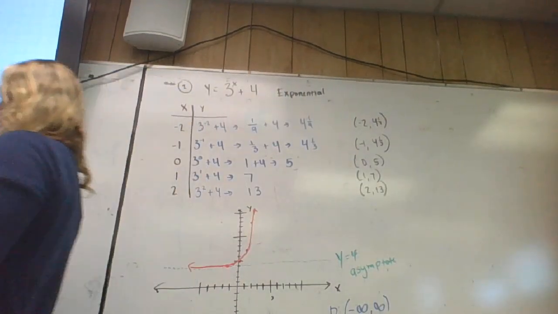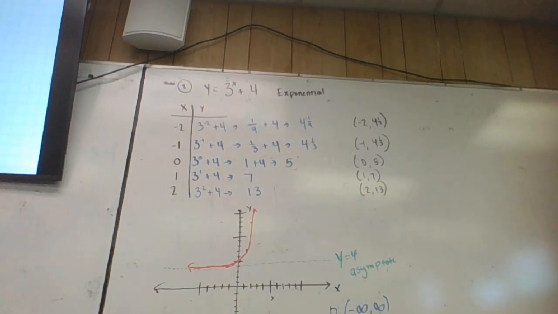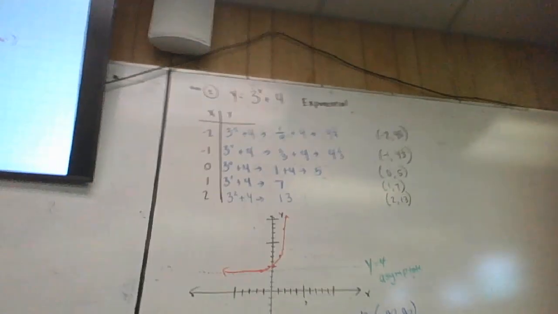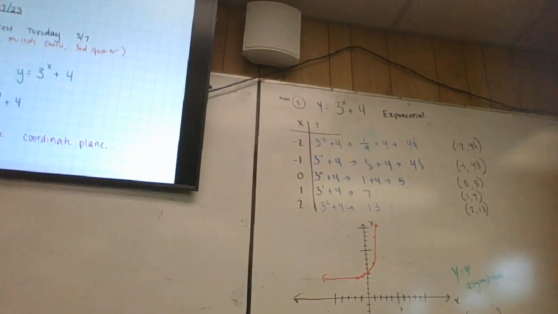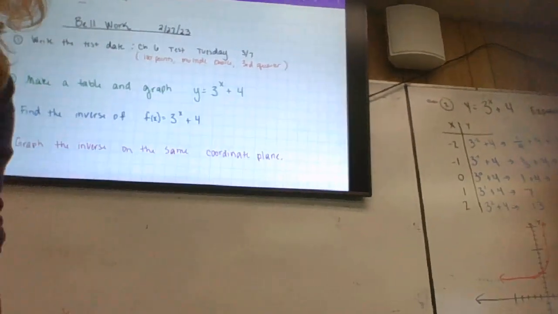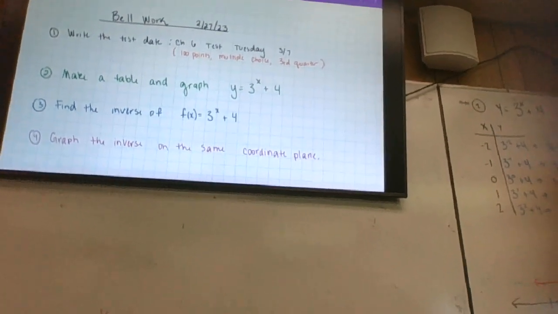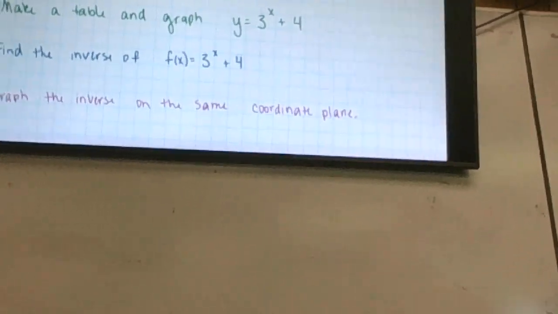All right, let's go on to number 3, finding inverse. Swap x and y. That's from chapter 5. I wasn't sure if you guys would even know. Well, to find inverse, swap x and y. I'll read it.